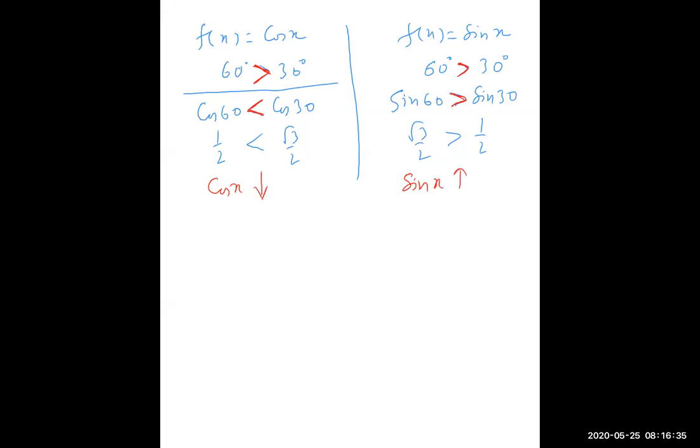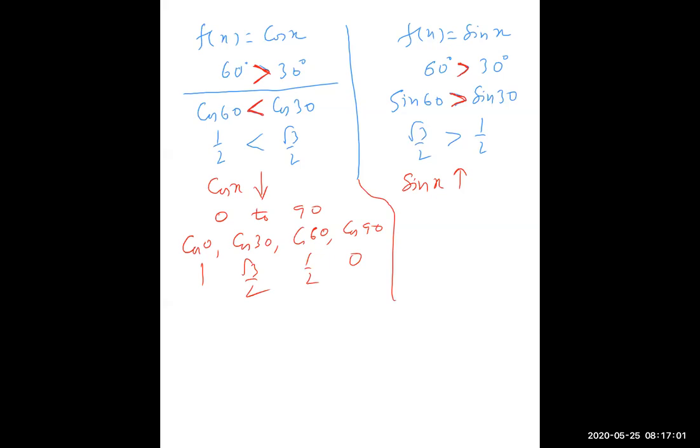That means values of cos x decrease as we go from 0 to 90. You can see cos 0, cos 30, cos 60, cos 90: 1, under root 3 upon 2, 1 upon 2, 0. Values are decreasing. Whereas in sine, values will increase.